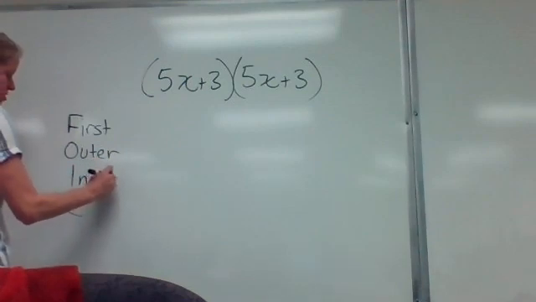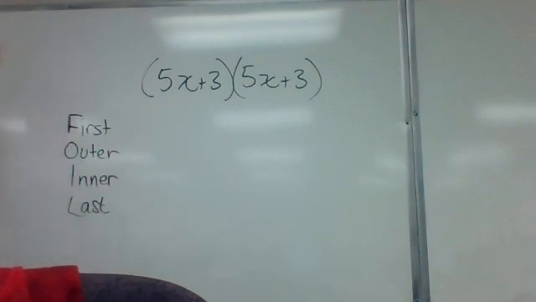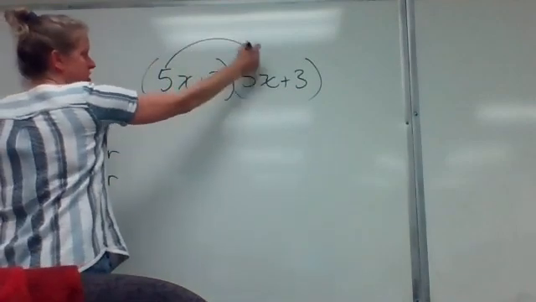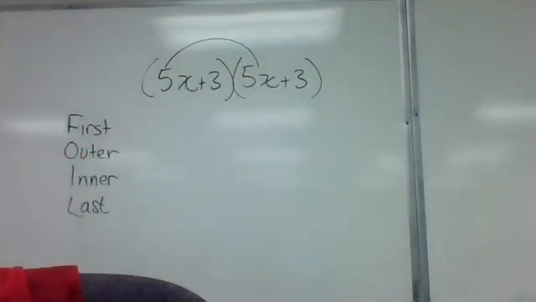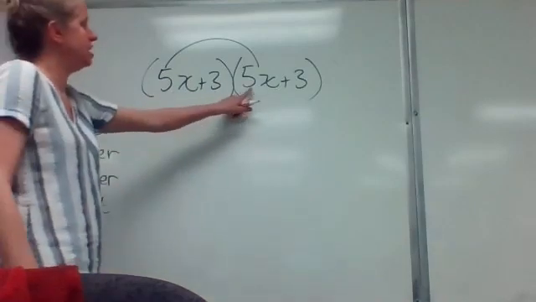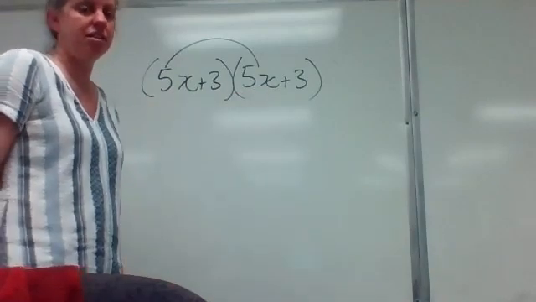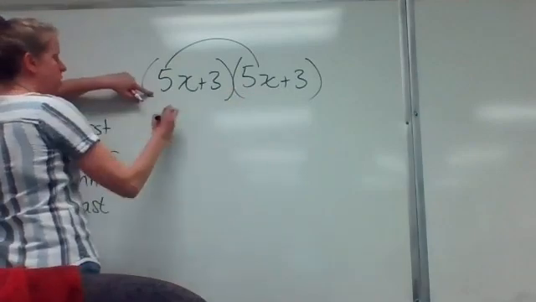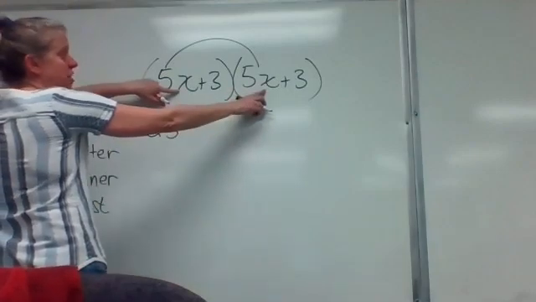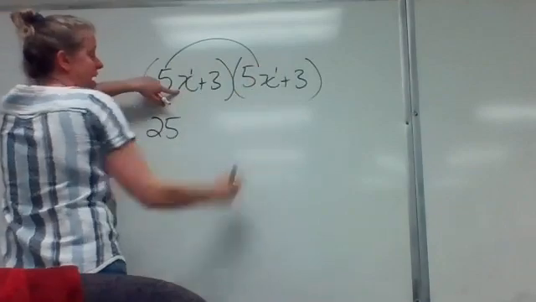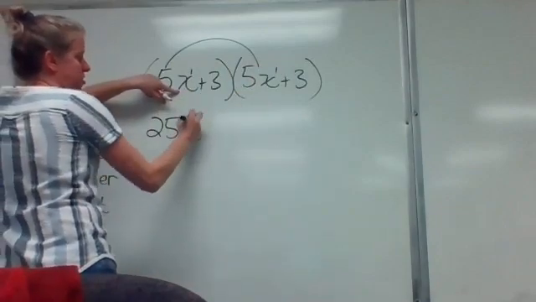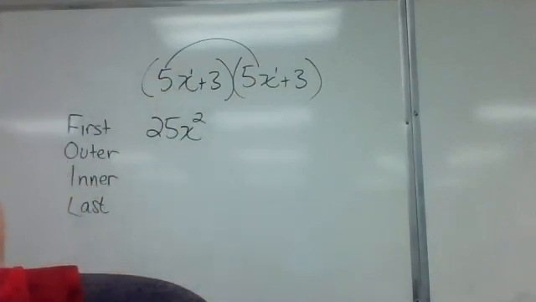First, outer, inner, last. So the first term in this parenthesis times the first term in the other parenthesis. So I've got 5x times 5x. So that's going to give me 25. And they both have x's, right? So since you've got an x times an x, that's going to give you x to the second.